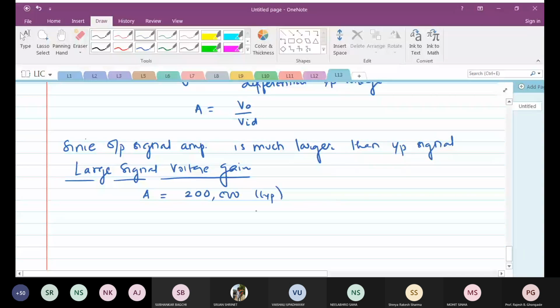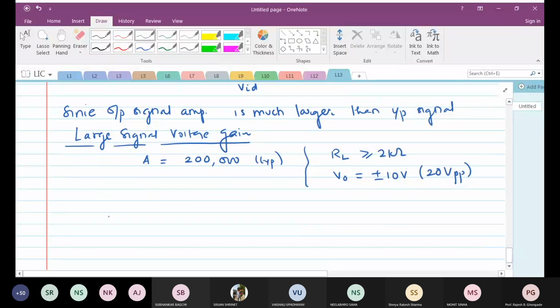Look at the gain. And the conditions given are RL greater than or equal to 2 kilo ohms and VO is plus minus 10 volts. That is 20 volts peak to peak.